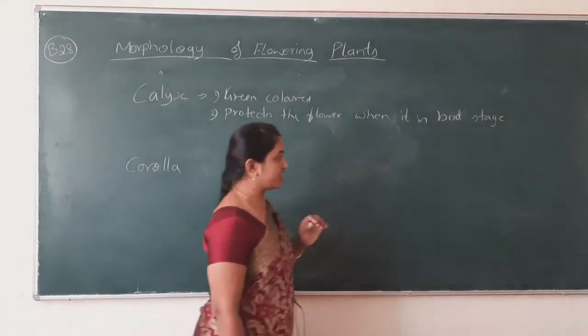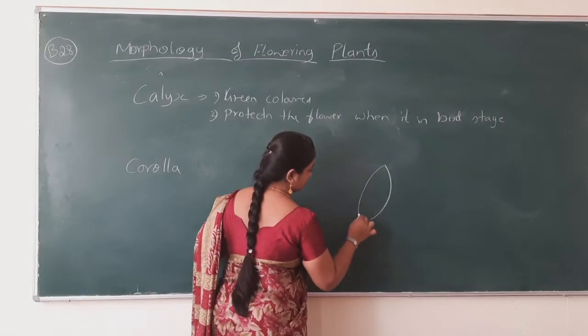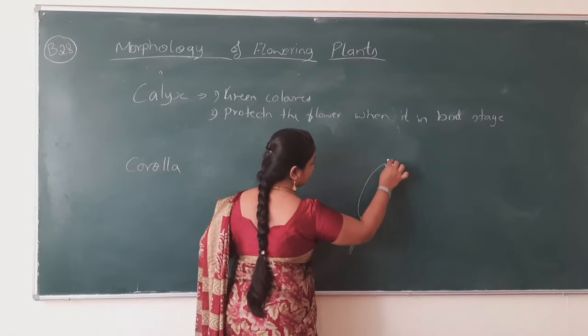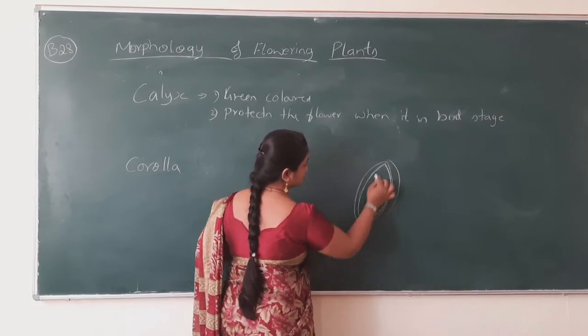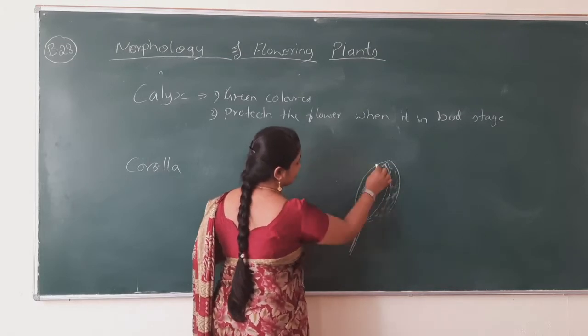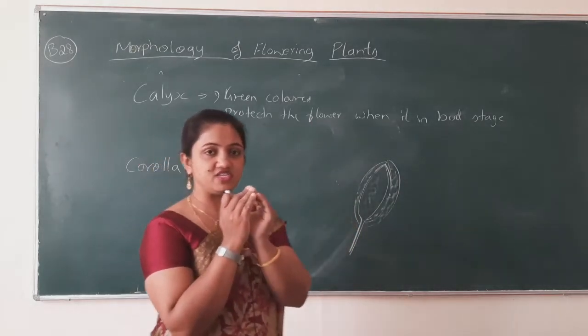So usually you might have seen the buds, how it will be. It will be somewhat like this, and green colored petals get enclosed around this bud. And what does it mean? It means the calyx is going to protect the bud condition.